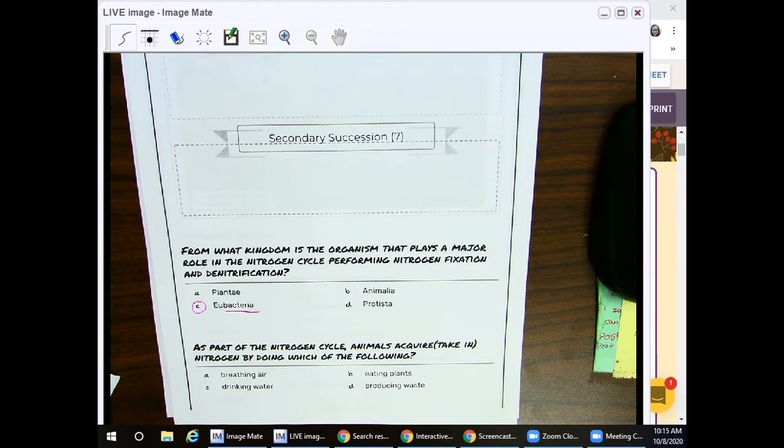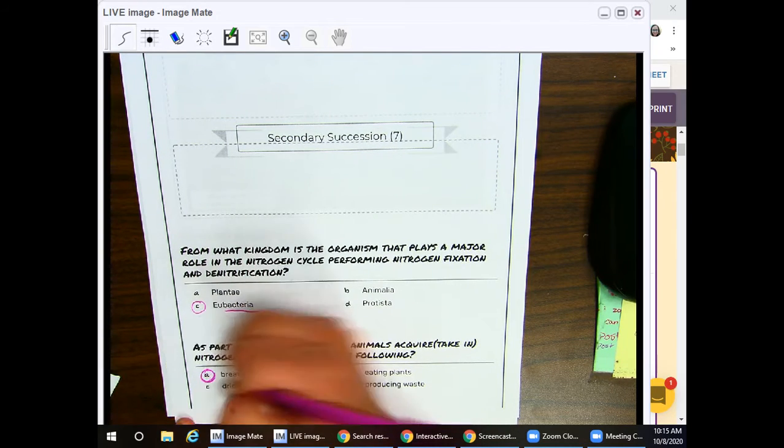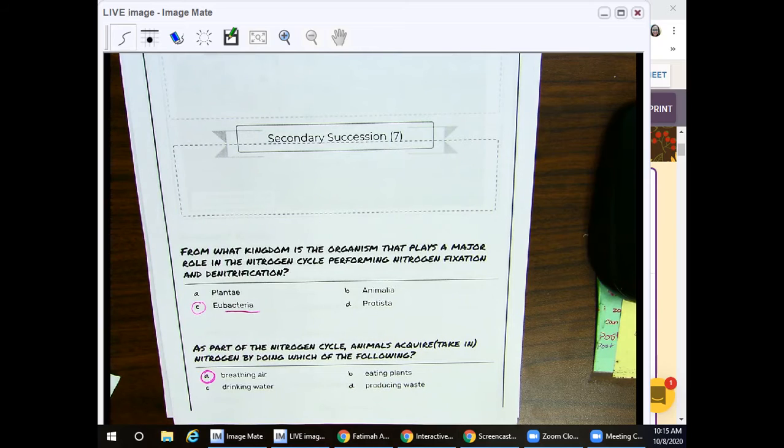As part of the nitrogen cycle, animals acquire or take in nitrogen by doing which of the following? So animals, humans are animals. We take in nitrogen by breathing in the air. And that's how we take in our nitrogen because 78% of the atmosphere is nitrogen.